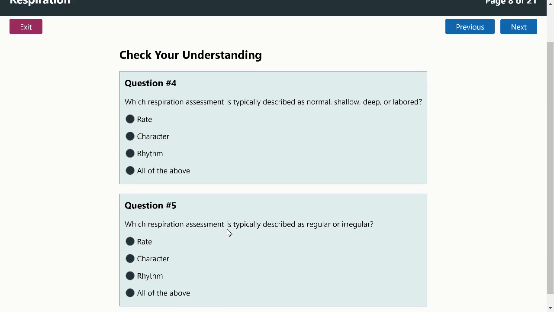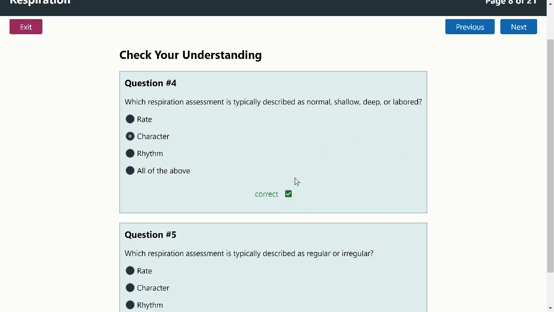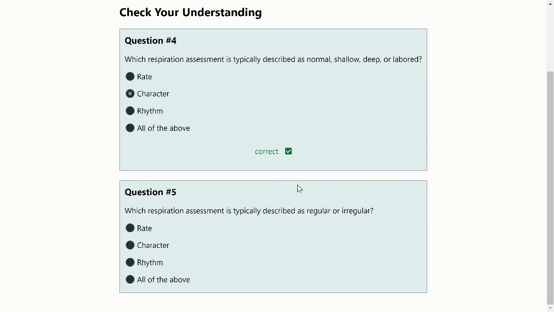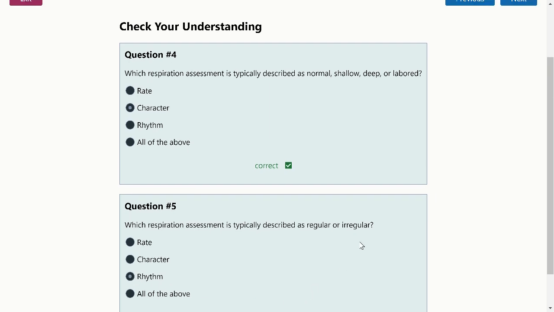Which respiration assessment is typically described as normal, shallow, deep, or labored? Yeah. Right. Which assessment is typically described as regular or irregular? Right. Rhythm.